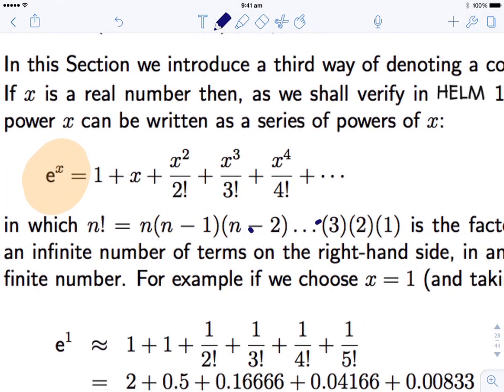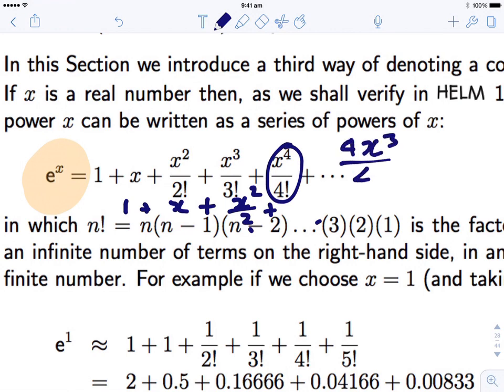Because if you look at that function there and do the derivative, you'll see that you get 1 plus 2x over 2, which is just x. The next term here is 3x squared divided by 6, so that's just x squared over 2. The derivative of this term here will be 4x cubed divided by 4 factorial.